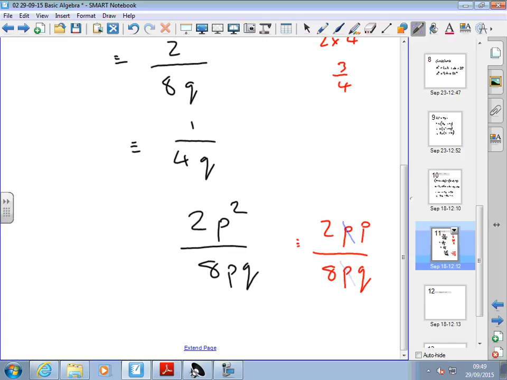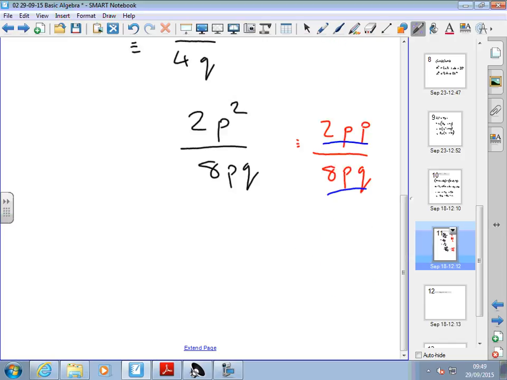When I'm doing this sort of cancellation, I would cancel that p with one of these on top, so I'd get rid of the squared symbol and just leave the p on the top. That's probably what I'd do, but I'd be thinking about this as I did it. So this would cancel down to, again, 1 times p is p over 4q. Just check you see that that cancels down to that later when you're looking at this.